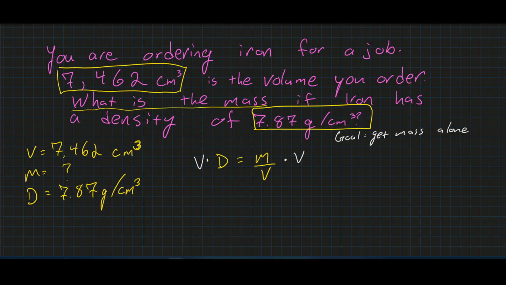It's going to cancel out volume on the right hand side and put it on the left. But because we did the same thing on both sides, the equation doesn't change. We can do this. It's something you would do commonly in algebra. So now the equation we're using is VD, volume times density, equals mass. So take a minute, pause here, and solve for mass.